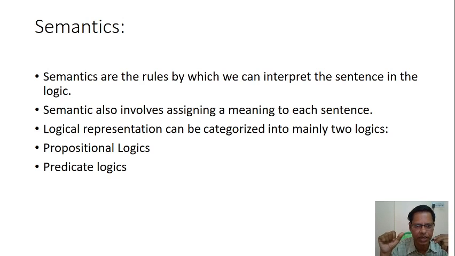Logical representation can be categorized into mainly two logics: propositional logic and predicate logic. Propositional logic is about how it is going to assess that, and predicate logic is about how we are going to find out the sentence word by word, is it not?